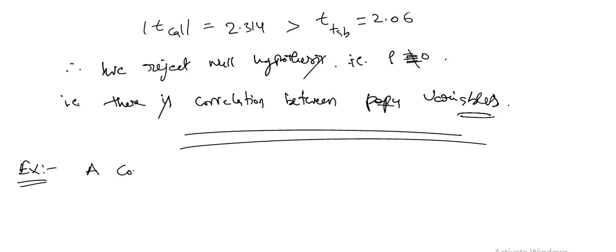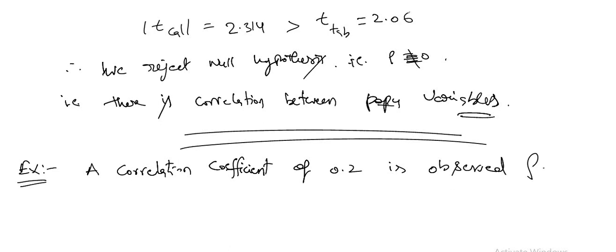A correlation coefficient of 0.2 is observed from a random sample of 40 pairs of observations.